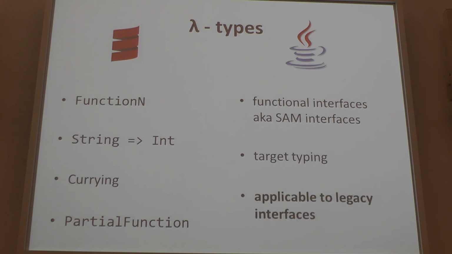And in Java 8, it's done like this because this system is applicable to all the interfaces defined in many Java libraries from 1996 up to today. So basically, every interface you've ever seen that has only one method can be used as a functional interface. So it's done like this basically because of backwards compatibility, and for the lambda expressions to be usable on legacy code or legacy libraries.